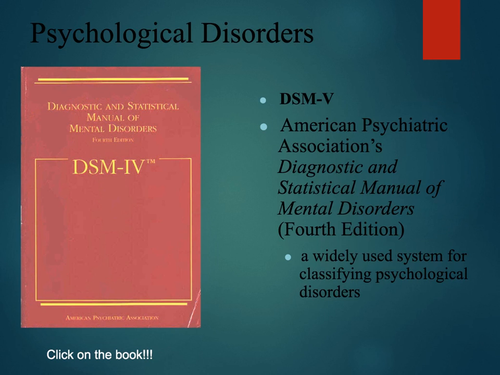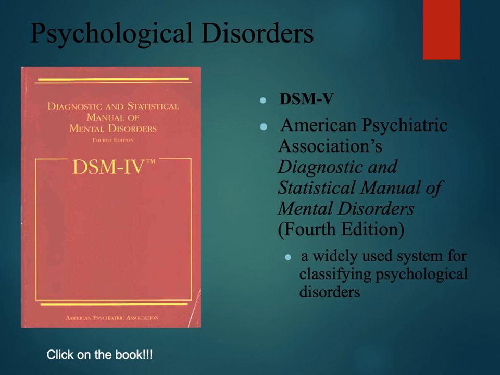And then the last thing we'll discuss in this unit, but certainly not the least, is the DSM. The DSM, also known as the Diagnostic and Statistical Manual of Mental Disorders, is the rubric that psychiatrists and psychologists alike use to diagnose an individual with a disorder. All right?